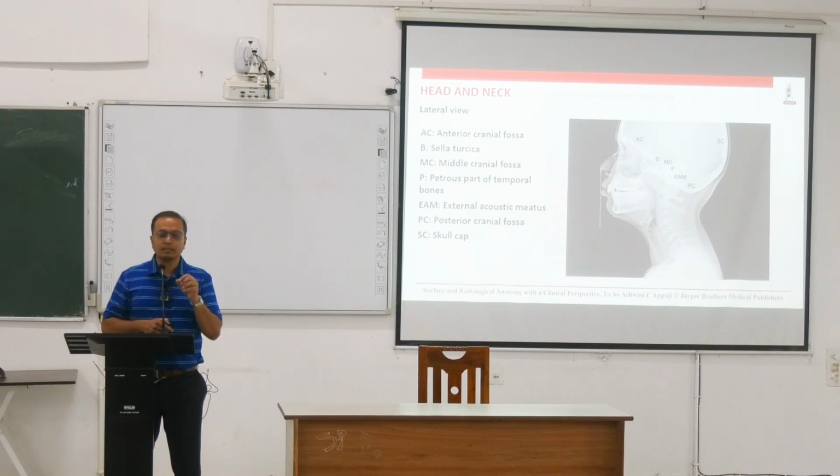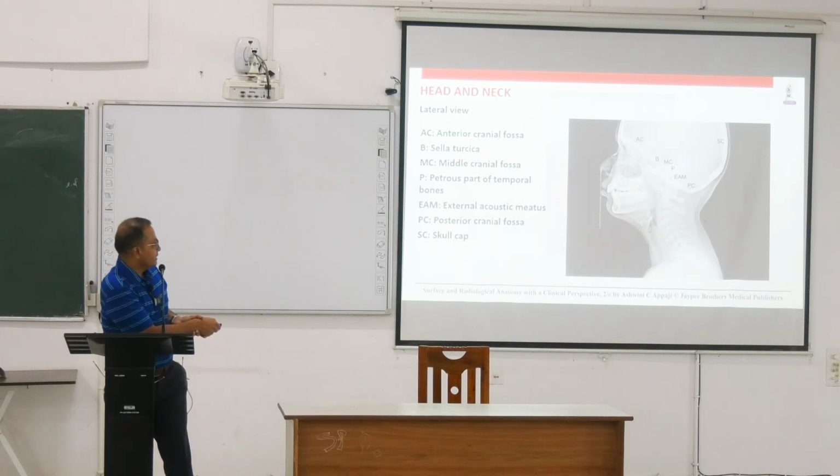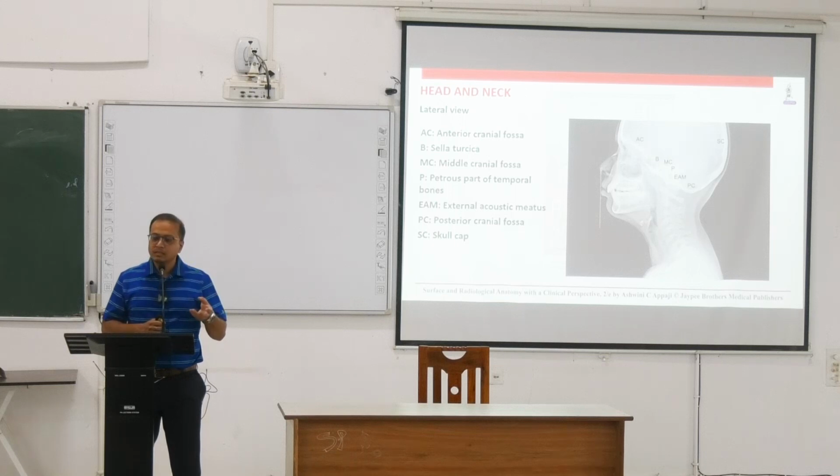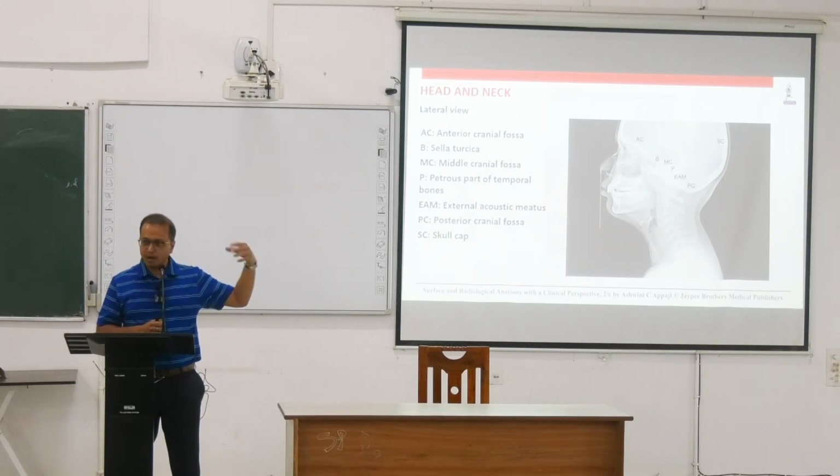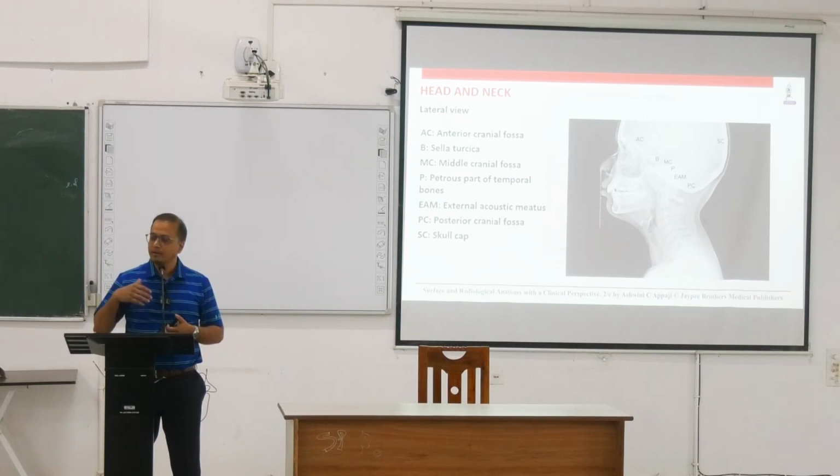D-I-P-L-O-I-C, diploic space. Now this diploic space holds an important part. The reason is that, as I have mentioned, this diploic space is a marrow space. We may have some diseases where you have expansion of the diploic space. That means this space, which has a normal thickness, may have enlarged in some cases, like in some blood diseases which you are going to learn in higher medical classes, like thalassemia or any blood disease where the destruction of red blood cells needs to be compensated or replaced quickly enough.